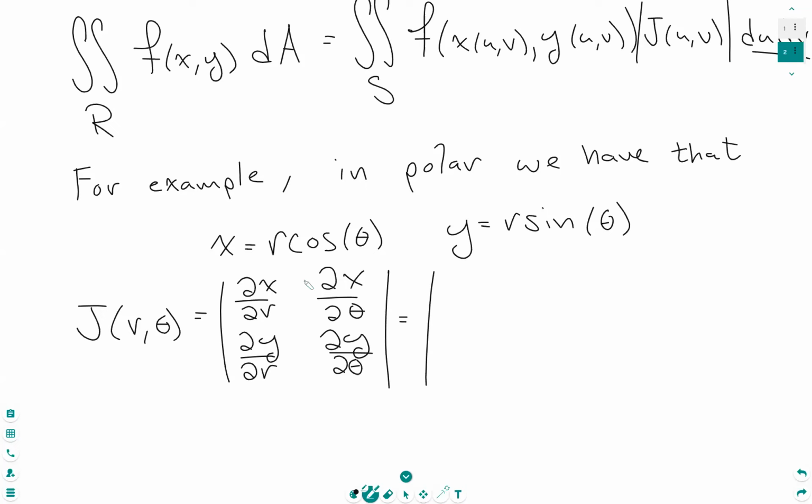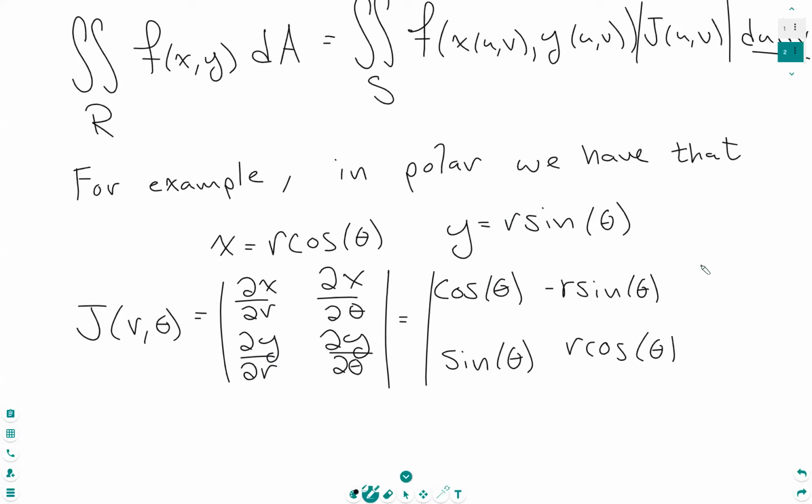So if we do this out, we take the r derivative and get cosine of theta. Then we take the theta derivative and get negative r sine theta. Here we take the r derivative, we get sine of theta. And then we take the theta derivative and we get r cosine theta.